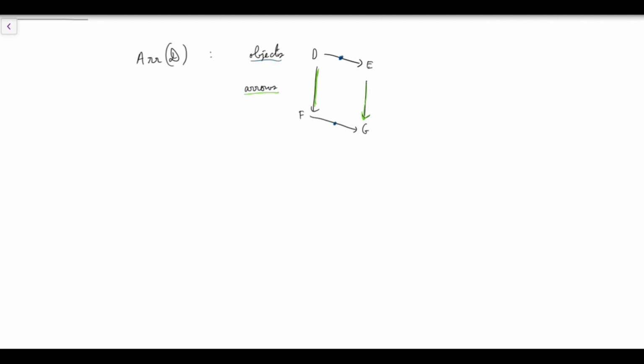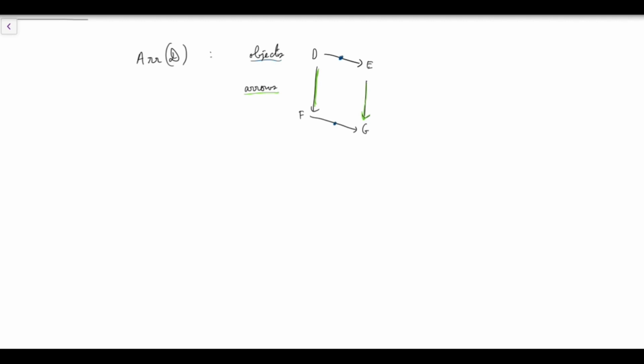Now we really want this to be self-contained, and here if going from above or from below was a different morphism in D, we would be puzzled. We'll have to carry along that information. So we say, as part of the definition, being an arrow is a pair of arrows between the domains and the codomains of the objects, such that the above composition from D to E to G is equal to the composition from below, from D to F to G.